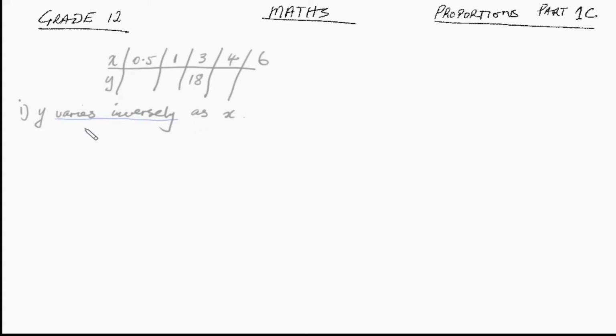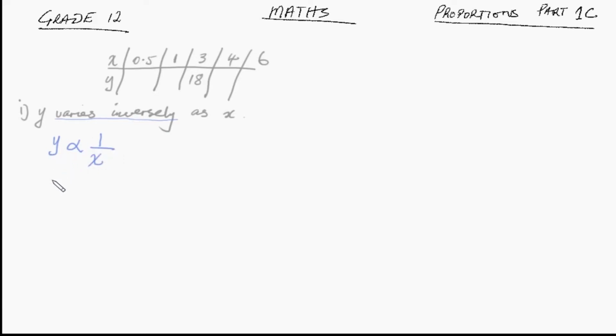Now we will write this statement symbolically. If it's inverse, then we are going to have the reciprocal of x here. Y varies inversely as x. Symbolically, it's written like this. We are not yet on the formula. We still have to convert this into a formula.